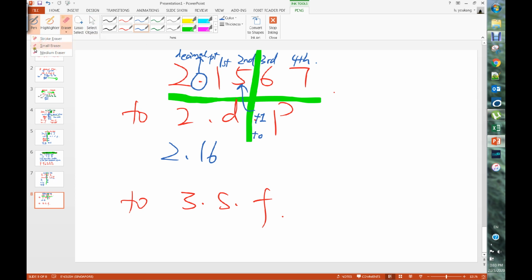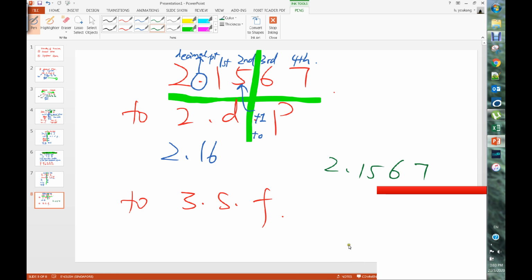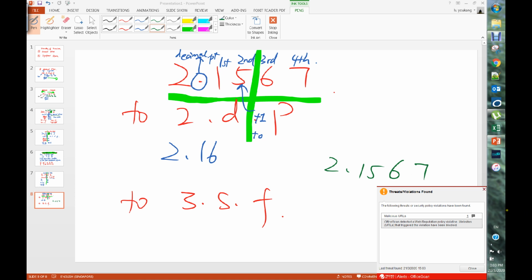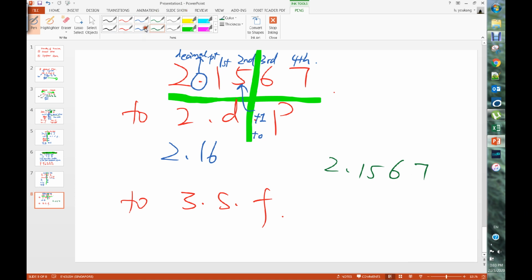So let me write it here. Okay? To three significant figures, which one is the first significant figure here? 2. Very good. Why 2 is the one? Because it's not 0. Very good. So this is your first significant figure.